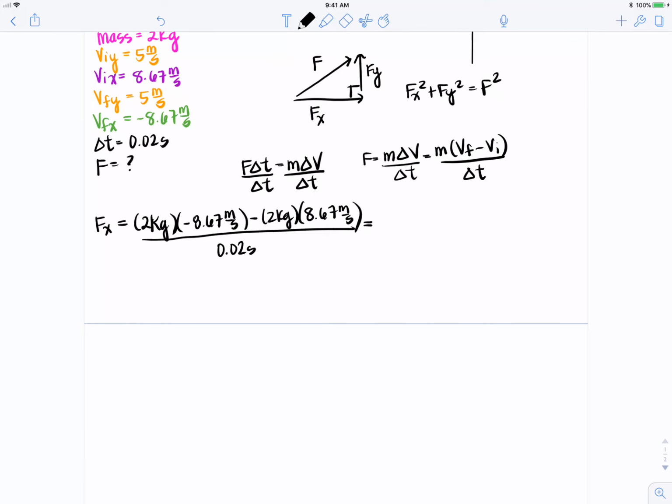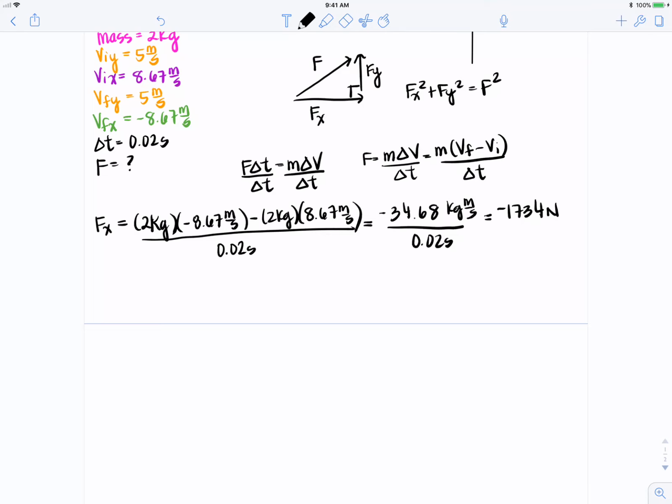For our numerator, we get a quantity of negative 34.68, and the units of that are kilogram meters per second. In the denominator, 0.02 seconds, and that equals negative 1734 newtons. So this is the average force in the x direction.